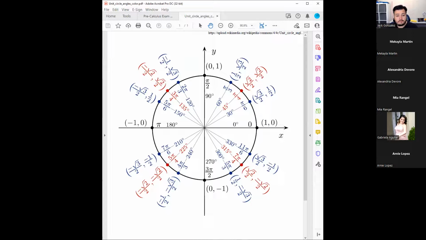Pi over 2 is right here. So from pi over 2 to pi, that's quadrant 2.